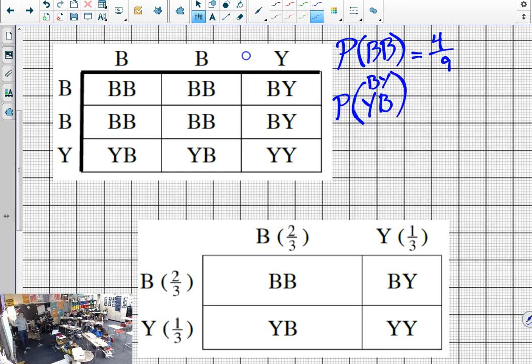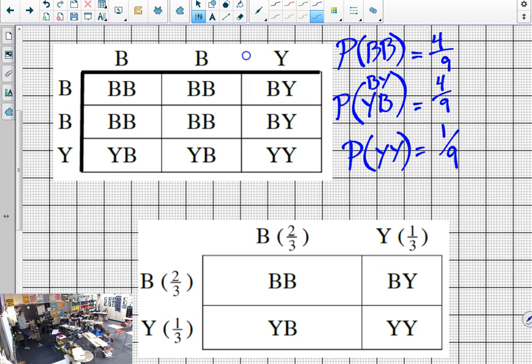We don't care what it is, it's mixed. Alan? 4. Interesting. And the probability of a matched yellow-yellow? Patrick, go ahead. 1 out of 9.